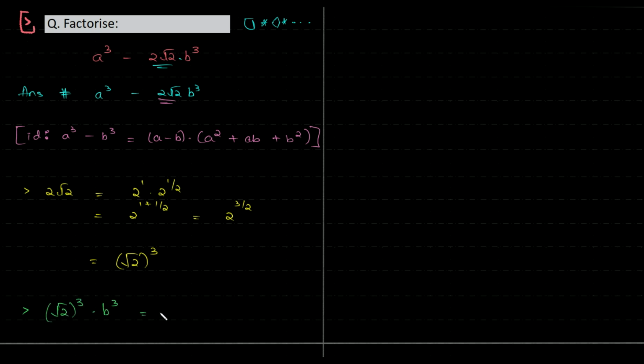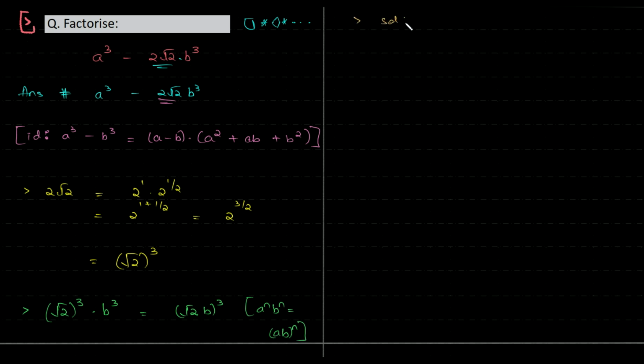Agree? Now, what should we do? I want the whole cube because the formula deals with a cube minus b cube. So this I can rewrite as root 2 into b the whole cube. Why? Using the formula a to the power of n into b to the power of n, which is ab whole to the power of n. Okay, and now we can talk about the solution.